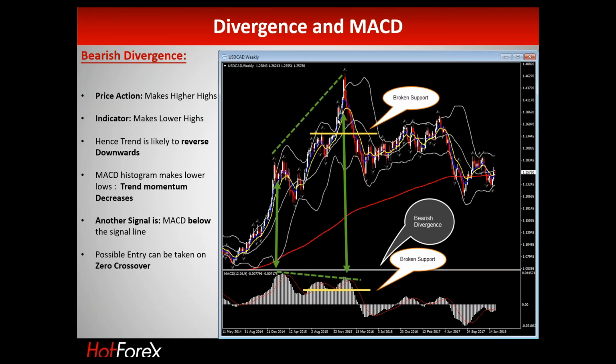It continued upwards. Even if it touched the support area at this level, resistance becomes support. This resistance over here was your support. It touched it, but it didn't break lower. So there wasn't a confirmation of a broken support.